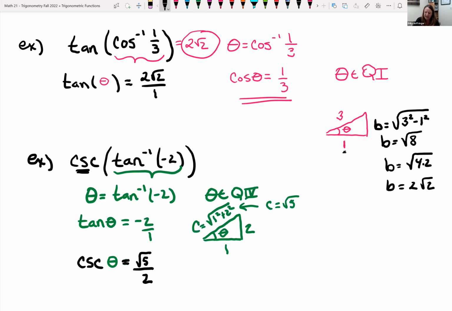So cosecant of tangent inverse of -2 is equal to root 5 over 2. This is where we need to be careful because of our sign. Our sign in the 4th quadrant is negative, so this needs to be negative root 5 over 2.